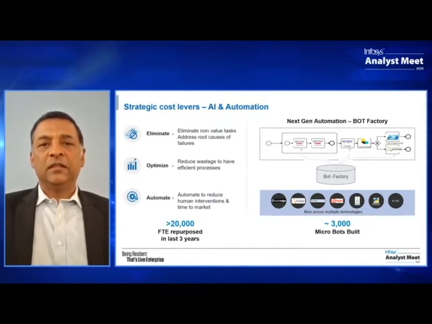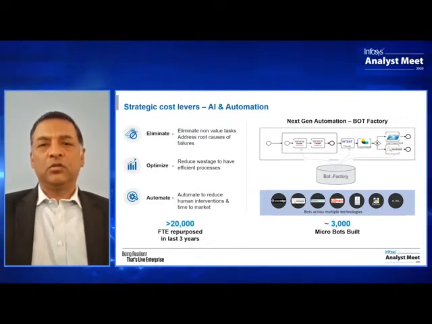A call lands in a call center. It's on a ServiceNow platform, and our bot basically picks up the nature of that call, what was the intent of the call, looking at past algorithms, and gives a resolution of what is the most likely resolution for such a call. We've built a bot factory with about 3,000 active bots and growing every day.